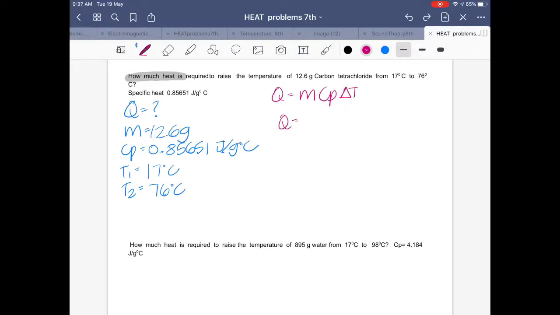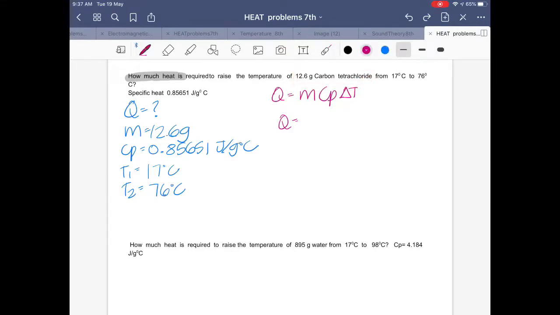So in this problem, what they're asking you is how much heat will be required, in joules. This means that, for example, the Bunsen burner will release that heat, so this one can absorb it.